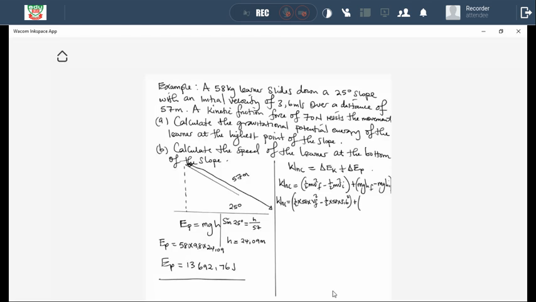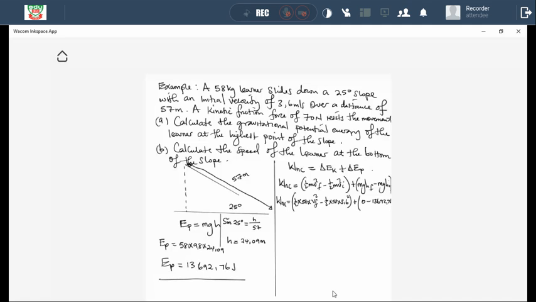Our final H is 0 at the ground, so that gives me 0. I am not going to calculate it because of space. Our H at the bottom is 0, so it doesn't have gravitational potential energy. Our initial gravitational potential energy at the highest point, we have calculated it, is 13,692,76. I hope you are following, friends.